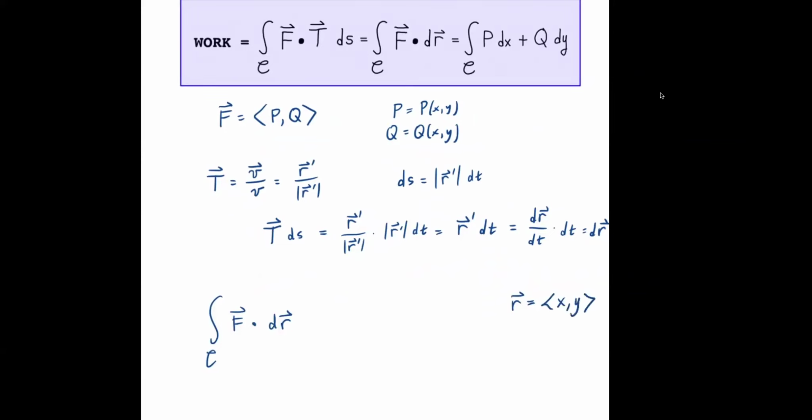It's the position vector. dr is going to be the vector dx, dy. So an infinitesimal change in position is reflected by an infinitesimal change in x and an infinitesimal change in y.